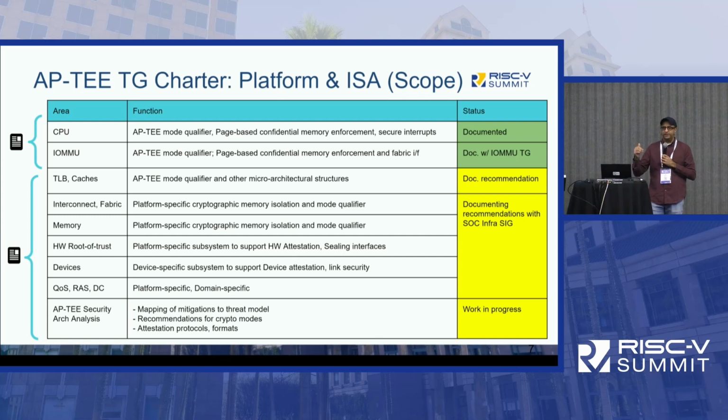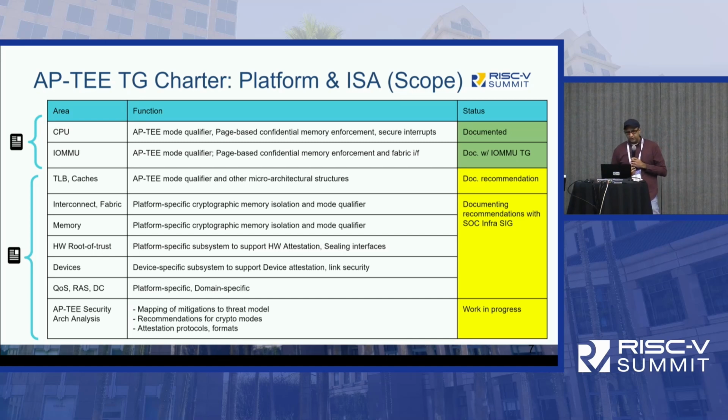Because there is some interaction there with other aspects of the ecosystem, like what fabric is the device connected through, like is it PCIe or is it CXL? And some of these discussions are also happening in those forums, to understand what kind of support they need in the fabric to be able to support confidential compute.